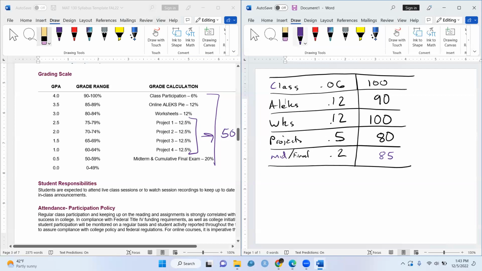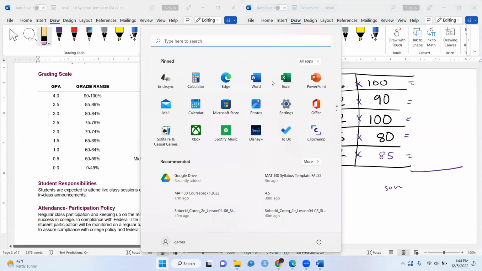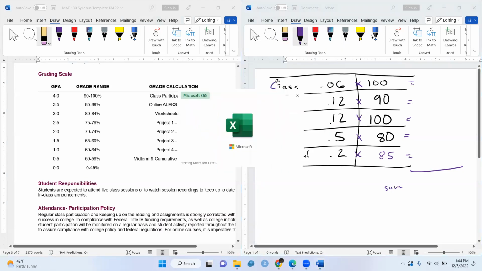So the question is, what's the final grade going to be, and how do we calculate it? Well, what you do is you just multiply the weight times the grade you got in there, and then you add it all up. We can do this in Desmos, but it's actually better done in Excel.